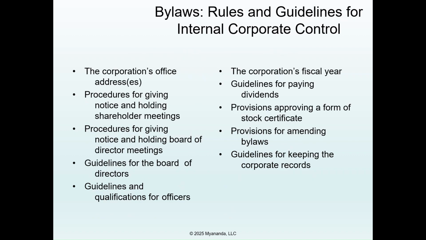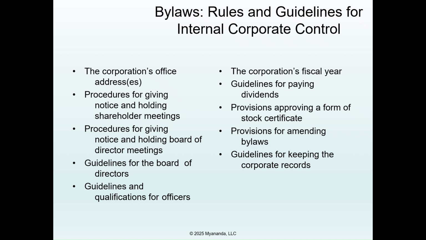So, the bylaws. The corporation's bylaws are the rules and guidelines for internal government and control in the corporation. The MBCA, Model Business Corporation Act, has some provisions that bylaws can contain, so they have some examples of what bylaws might look like. The idea is that you want them to be consistent with the Articles of Incorporation.